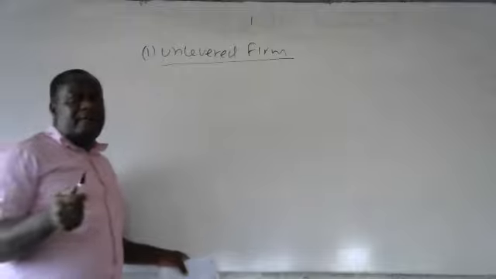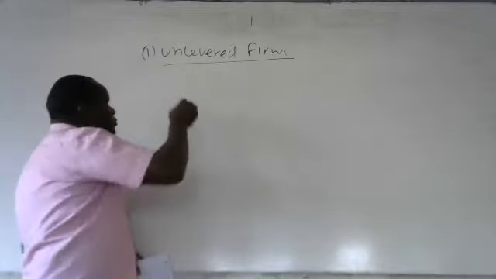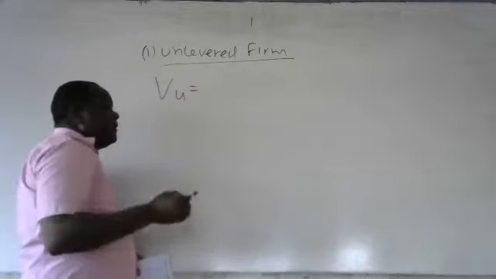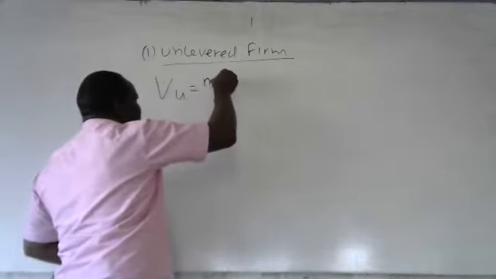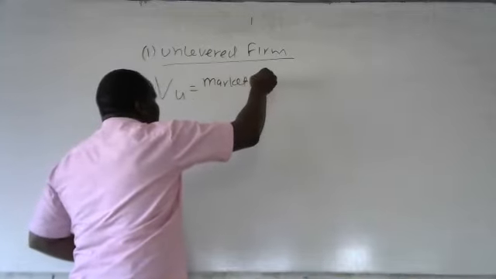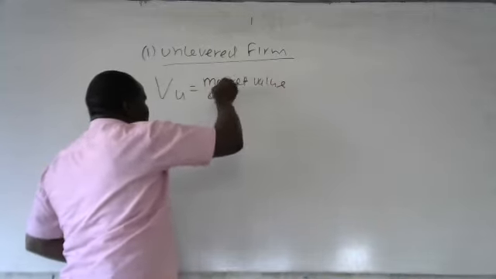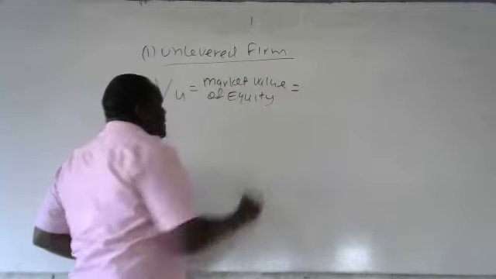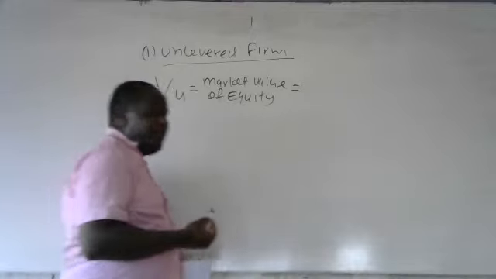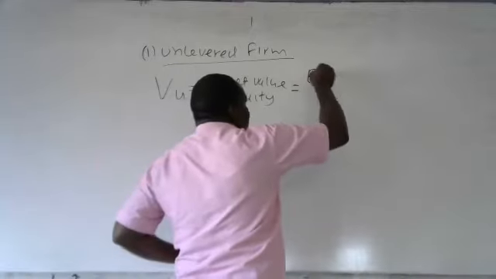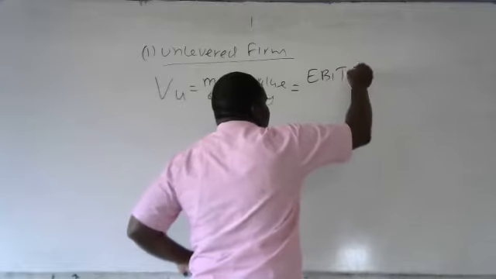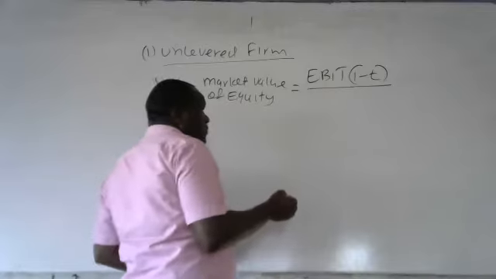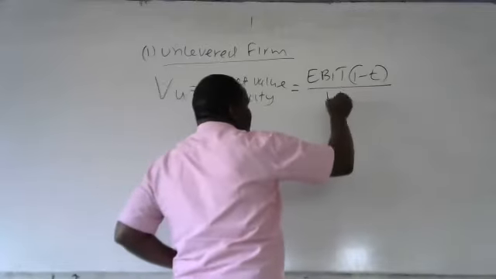So if the farm is unlevered, to compute the value of the unlevered farm, it is the same as the market value of equity, which is supposed to be given by earnings before interest and tax, times 1 minus the corporate tax, then we divide by KEU.